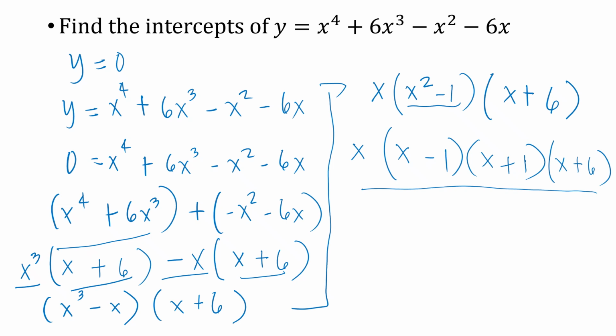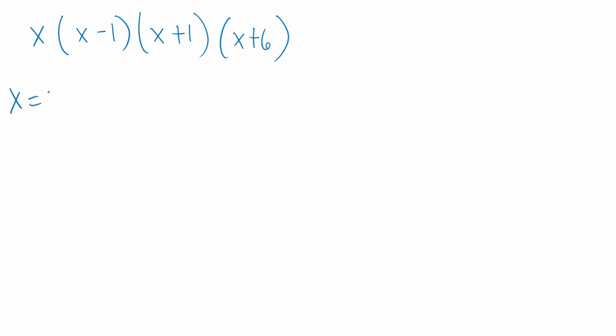Now, after that, we're going to equate each factor to 0 to determine the value of x. Okay, so we're going to rewrite the given factors. So we have x, x minus 1, x plus 1, and x plus 6. So x is equal to 0.